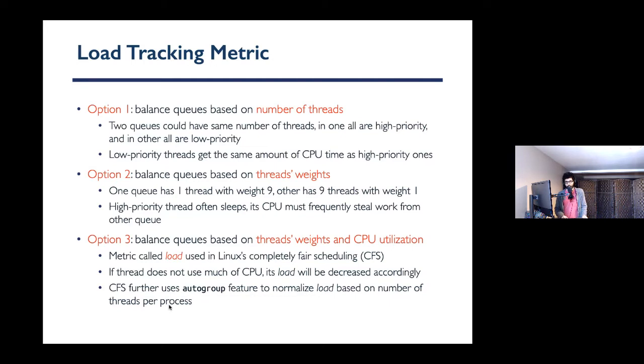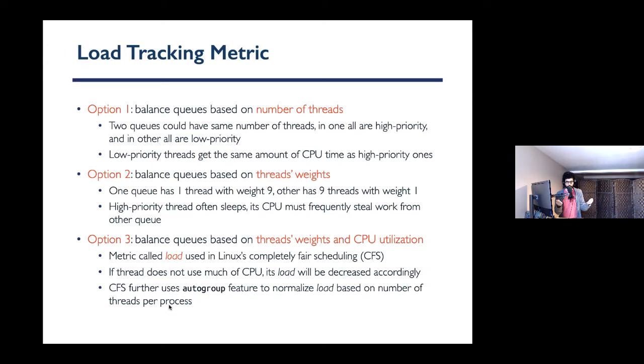Right now, I'm not 100% sure, but I think the way it works in Linux is by process, not thread. We define weights for processes. We don't define weights for threads unless explicitly done by the programmer or by the user. So by default, you give weights to processes.